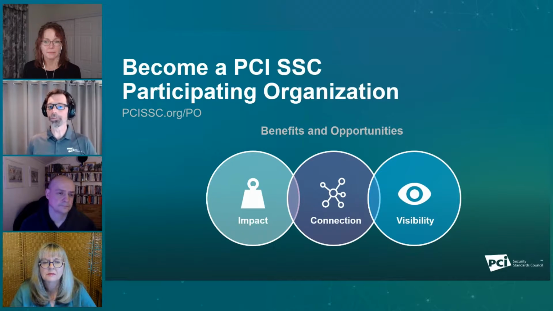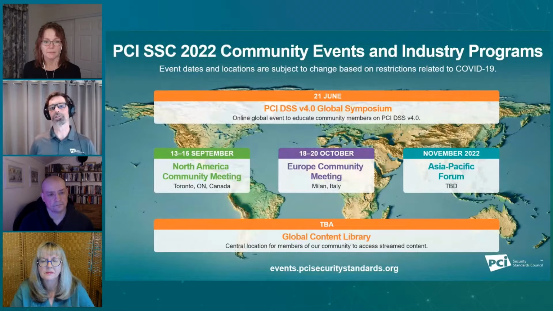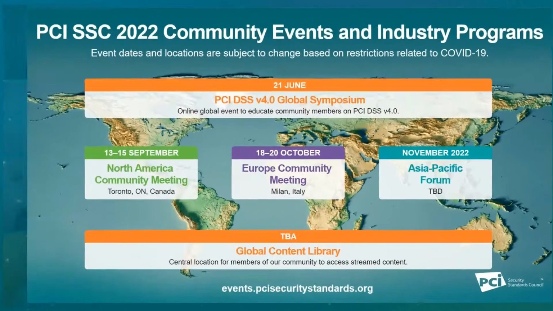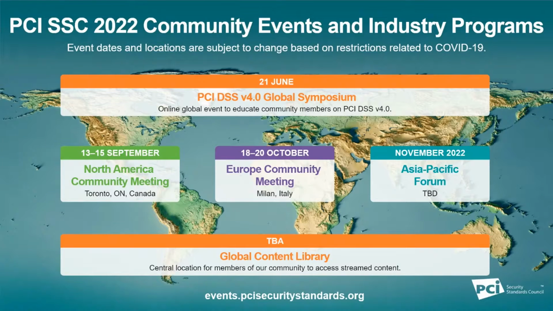And speaking about community, we've also got a number of events that you should be aware of. Of course, traditionally, we have our community meetings, both sometimes face-to-face and online, but we've got some other events as well. So you should consider penciling these into your calendar, maybe saving the date so that you can participate in them.